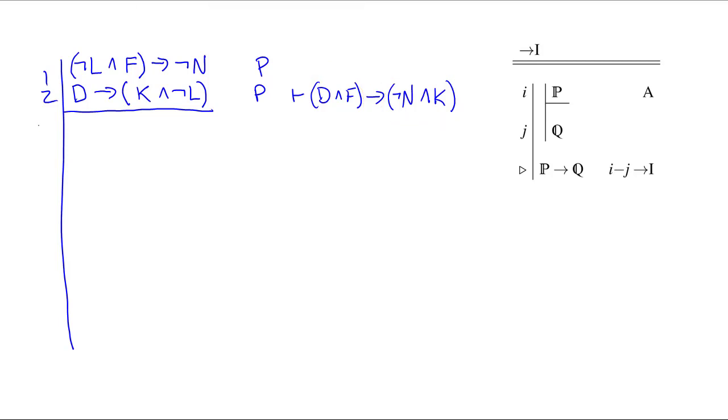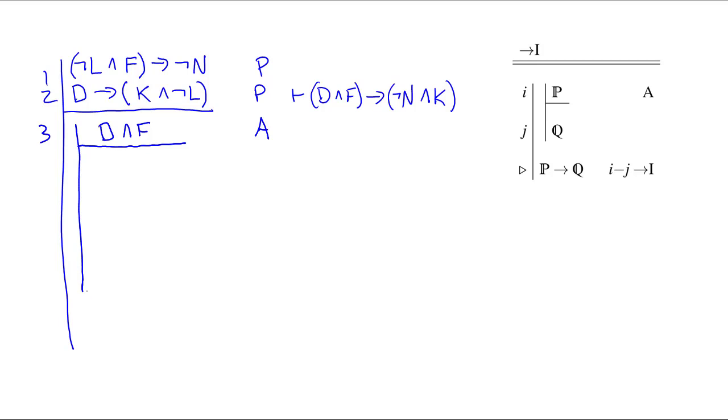We're going to start a subderivation in line 3. We'll draw a nice long scope line because we're not exactly sure how long it's going to take us. And we will take the antecedent of our goal here and put that in as our assumption. We mark it with an A for auxiliary assumption as opposed to a P for our primary assumptions.